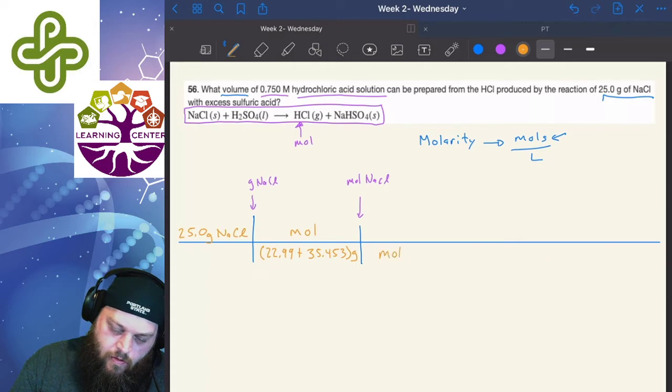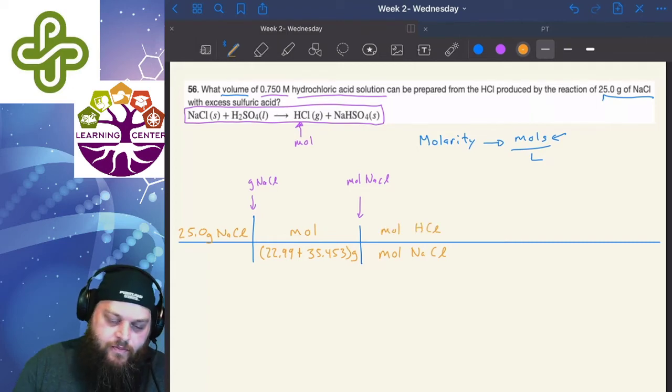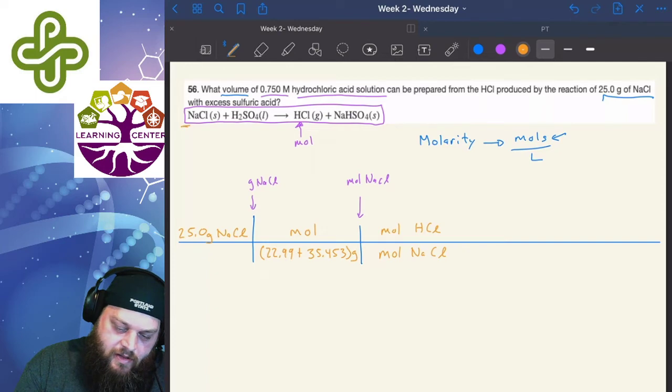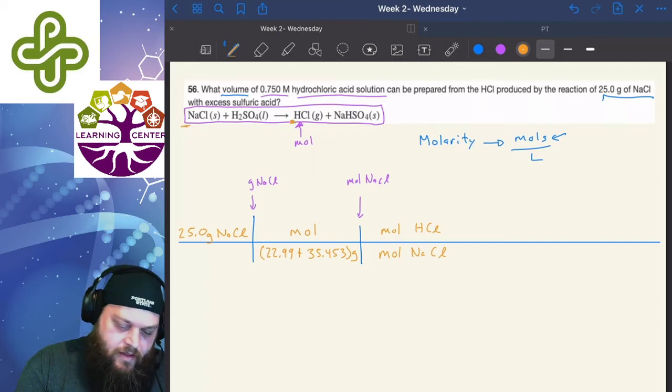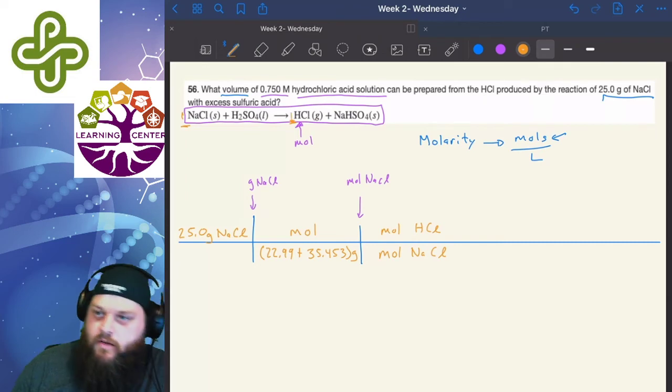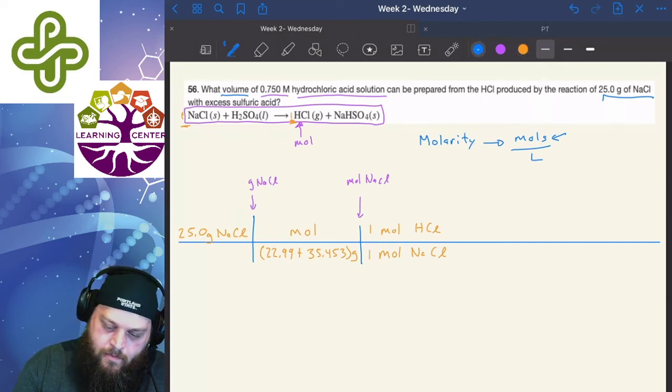So for every mole of NaCl, how many moles of HCl do we have? So looking at our equation, we look at the coefficients in front, and there's nothing there. So it's really a 1-to-1 ratio. Having a 1-to-1 ratio there leaves us at this point with moles of HCl.